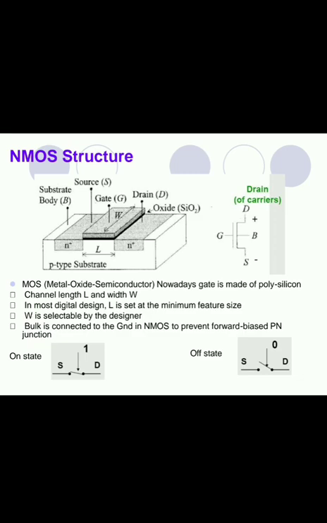In most digital design, L is set at its minimum feature size and W can be selected by the designer. If you see its structure, जब भी हम MOSFET build कर रहे हैं, when we are making the MOSFET at that time we can select W on our own, means width we can select, but at that time we are supposed to keep its length as small as possible.